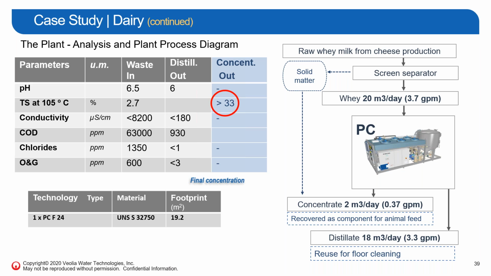With the Evalet, we separate the water from the whey milk. The whey milk was recovered and sold as bioproduct for animal feed, like in Ferrero. And the distillate, they were able to reuse in their facility to clean the floor or for other low valuable use.